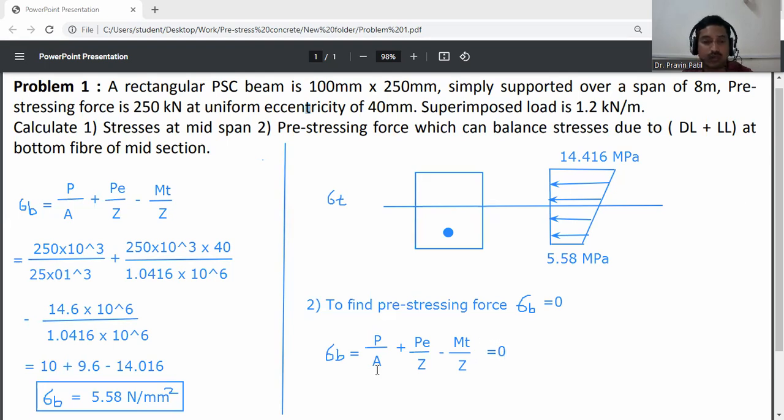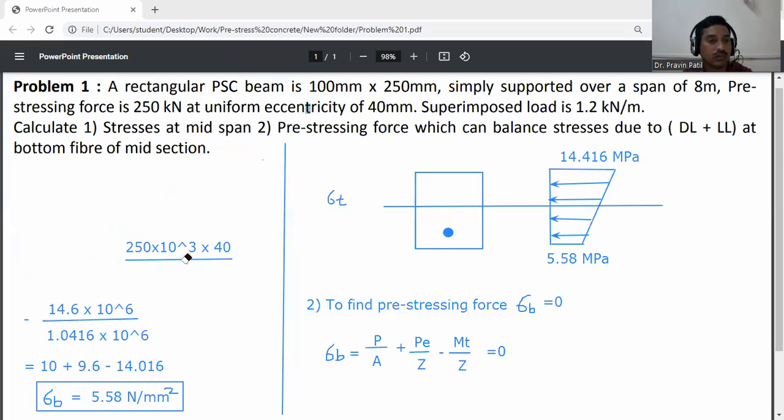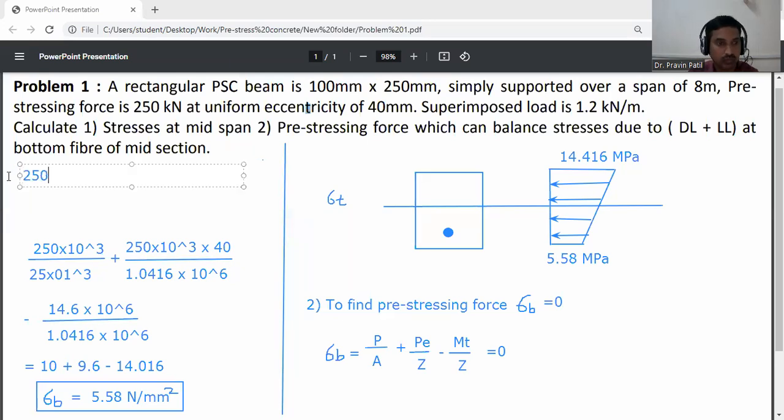So just put all these values here. P by A, where P is the pre-stressing force, which we need to calculate.